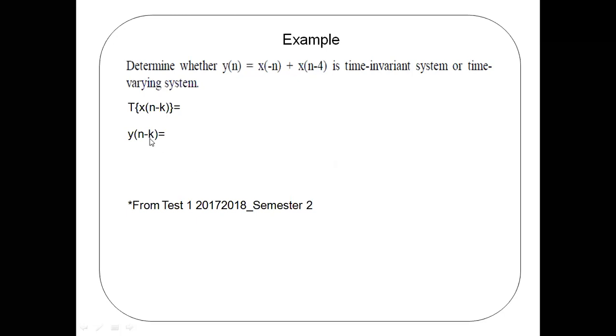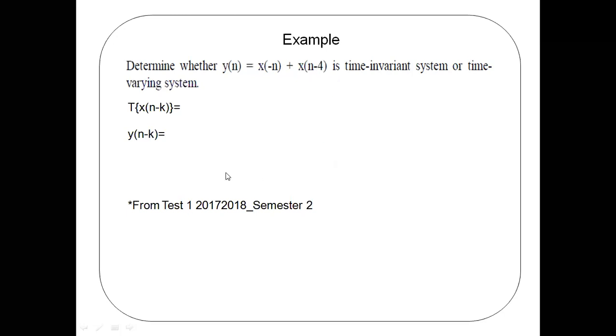But when we delay the output by k units, which is y[n minus k], we have to substitute this n by n minus k, this n by n minus k, and this n by n minus k. When we delay the output by k, the equation becomes negative in a bracket of n minus k, so the resultant will be negative n plus k, and this will be x[n minus 4 minus k].